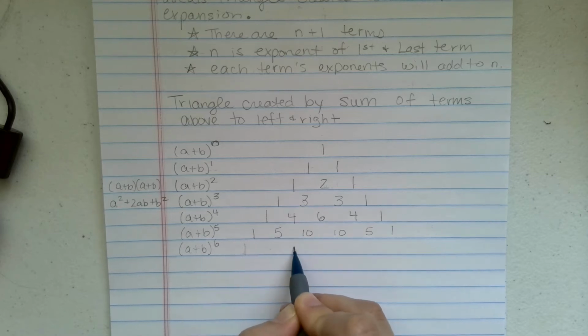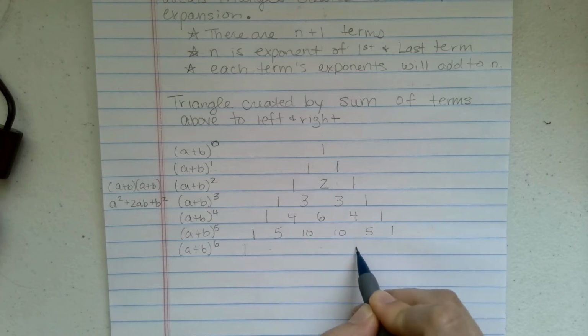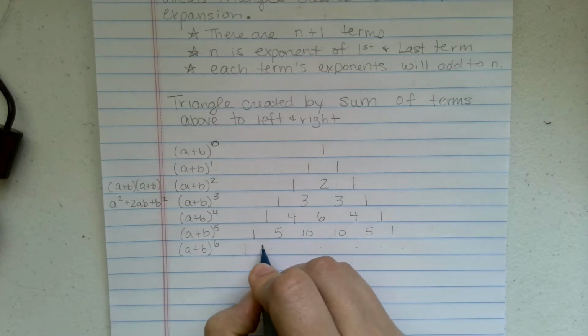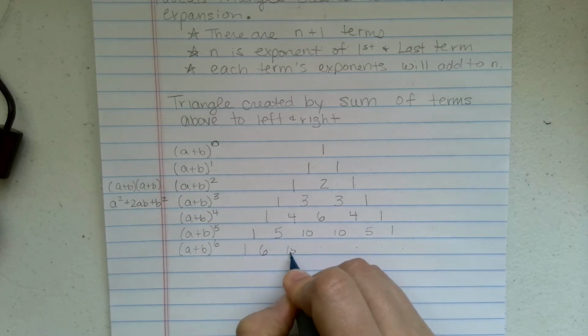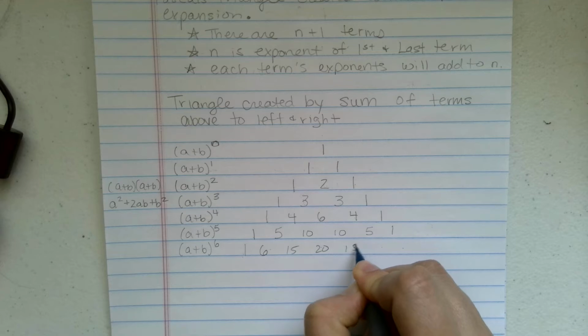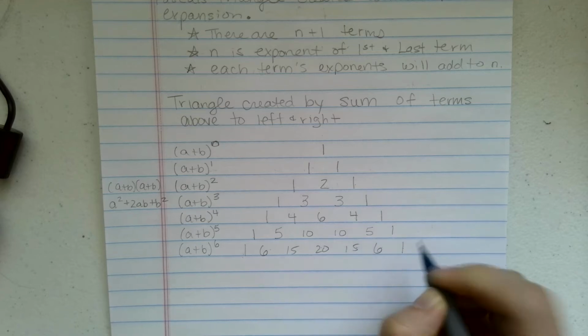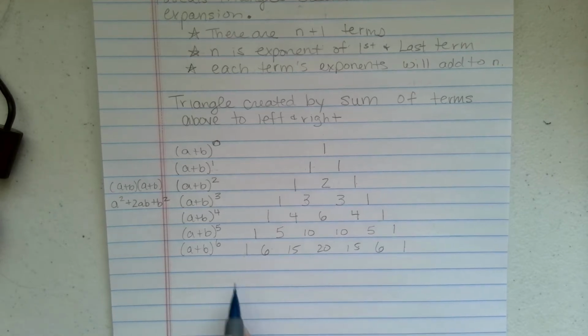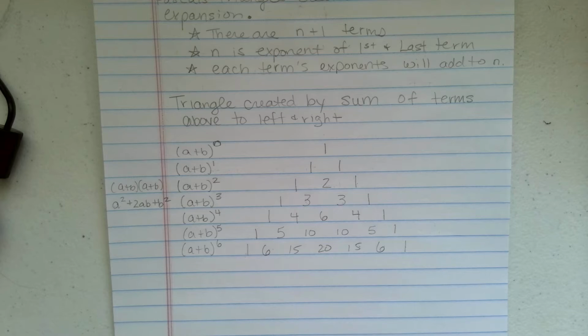This term will have a 5th, that'll have a 4th, that'll have a 3, that'll have a 2, that'll have a 1, and the a here will have a 0. Okay, so 6, 15, 20, 15, 6, and 1 when I add all these things together. So what does this mean? Well, let's just do this 6th power here. So you're going to have a and you're going to have b.